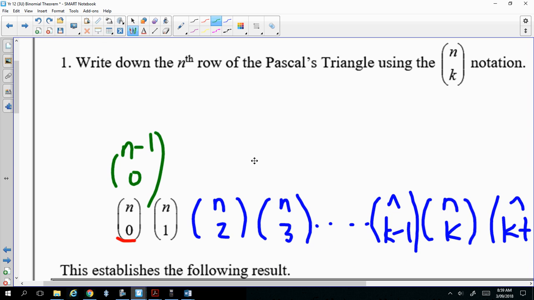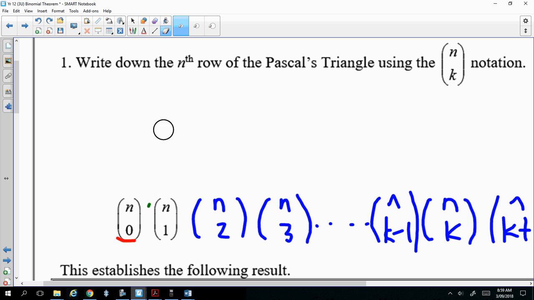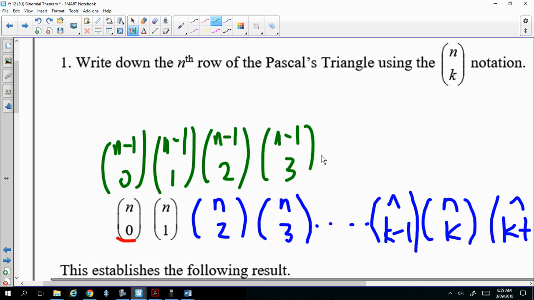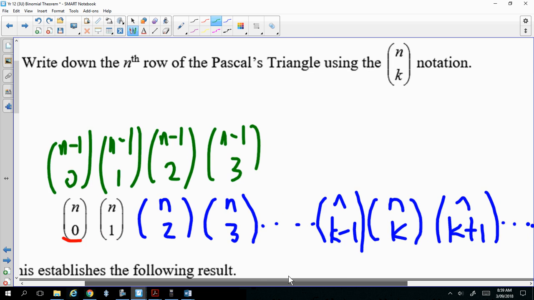Let me write it properly. (n-1)C0. This will be (n-1)C1, (n-1)C2, right? The Pascal's triangle. And then (n-1)C3, etc. And then I want you to write a few above.